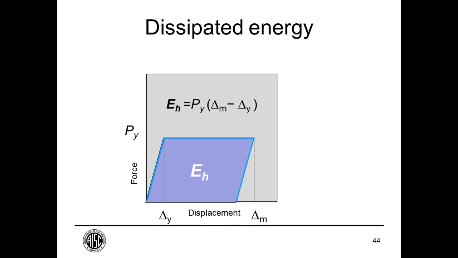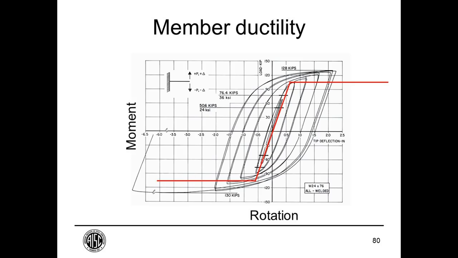So if we return now to the slide you selected, which is a good one, which is an actual laboratory test. This is a beam to column connection. You cycle the beam to column connection as is being shown in the little diagram in the upper left, pushing it up and pushing it down. You stop loading it and you let it relax. It comes back a little bit from its maximum displacement.